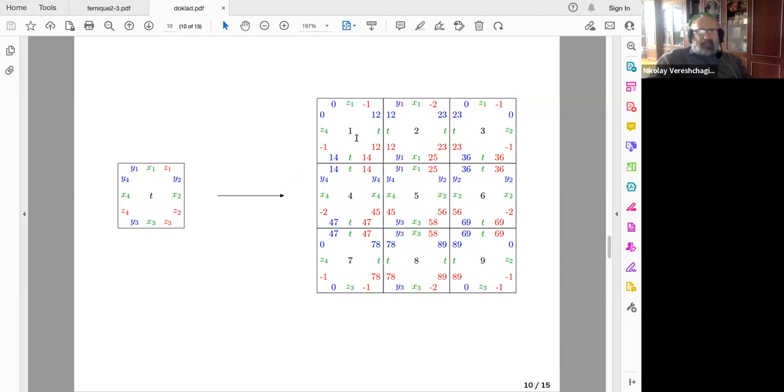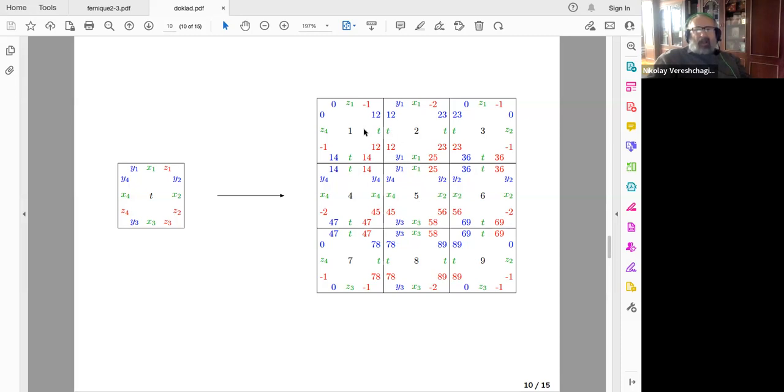On the right, you see that the macro tile consists of 9 tiles, and the numbers in the middle, which are called the type, just indicate the position of the tile in the macro tile. So 1 means the upper left corner, and so on. 5 means the middle.